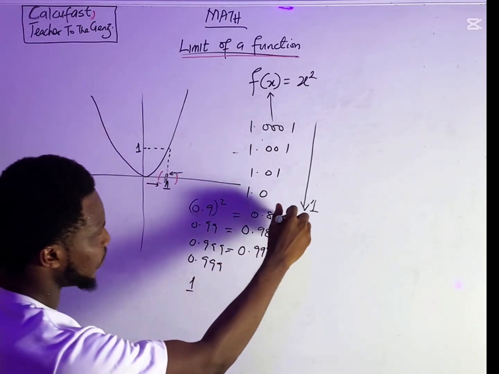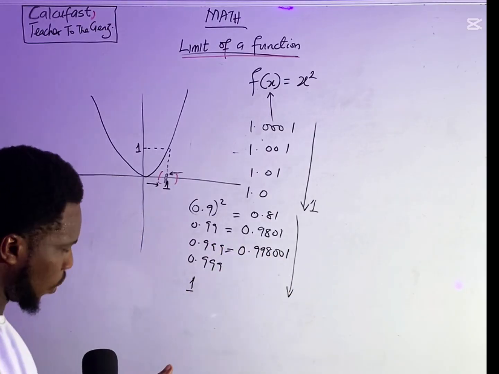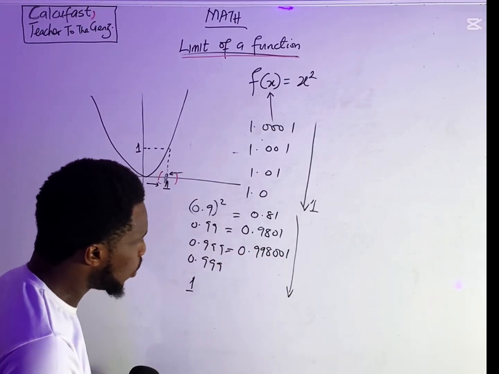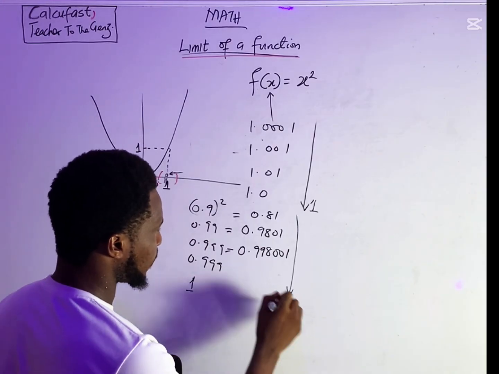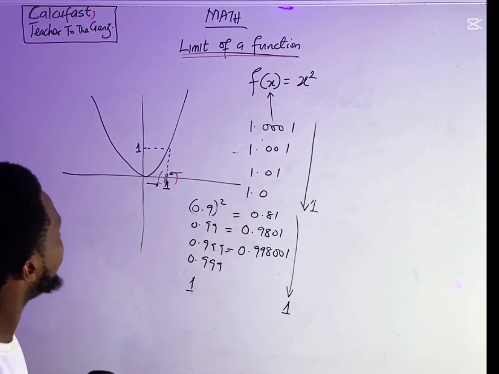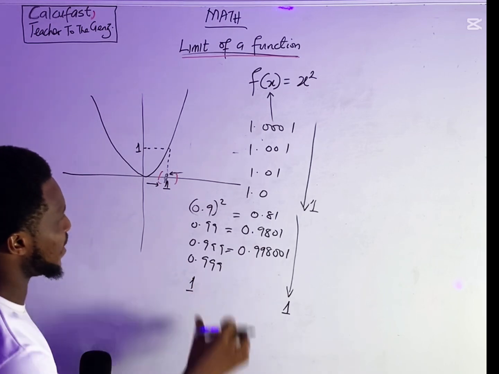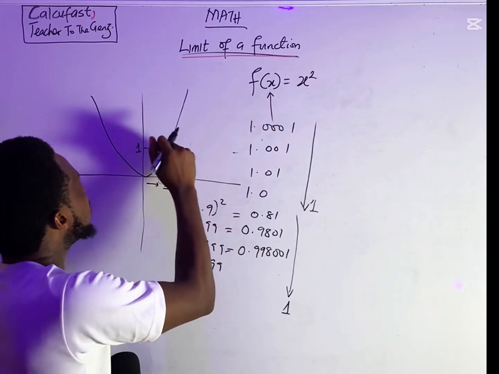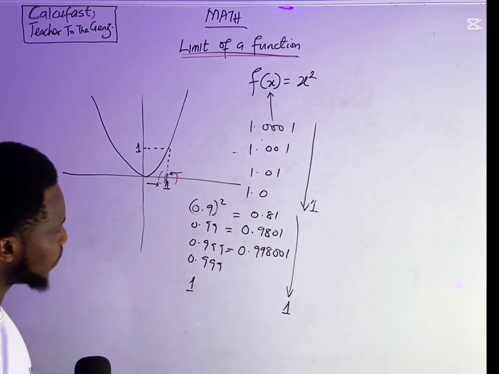So can you see? This is also moving very close and closer to 1. Both from the right and from the left, as x is going close to 1, the function is heading to 1.